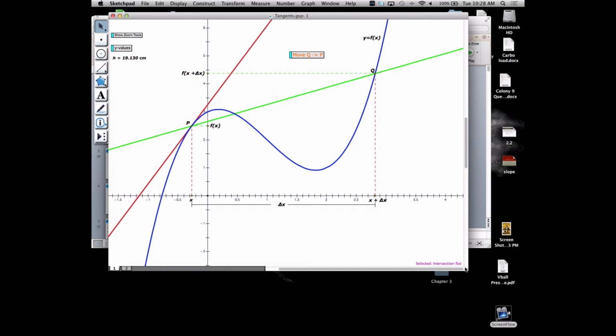So what's the y coordinate of Q? One person, please. Thank you. F of x plus delta x. Now, the question is, what happens when Q moves closer to P?